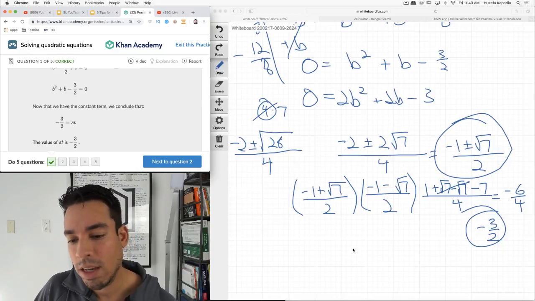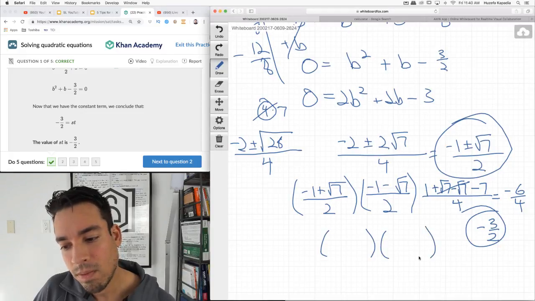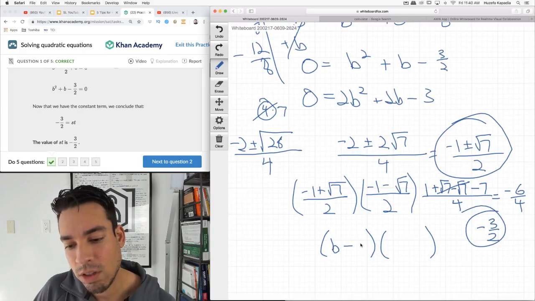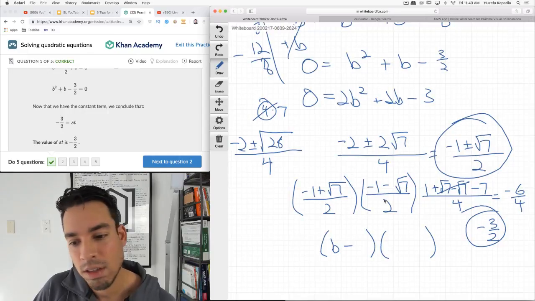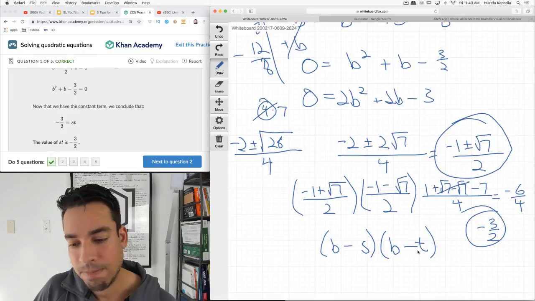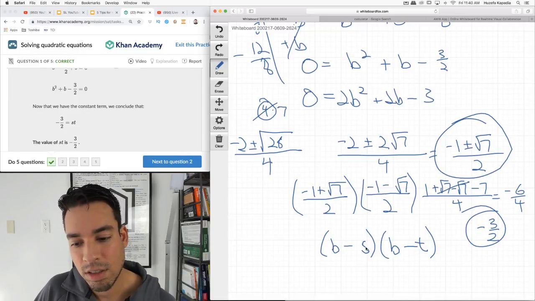Basically what they're saying is when you factor this, even though it's not factorable, it's going to be b minus whatever the solution is. Let's call it S, and it'll be b minus T. And so if we want to know what S times T is, it's the final term.